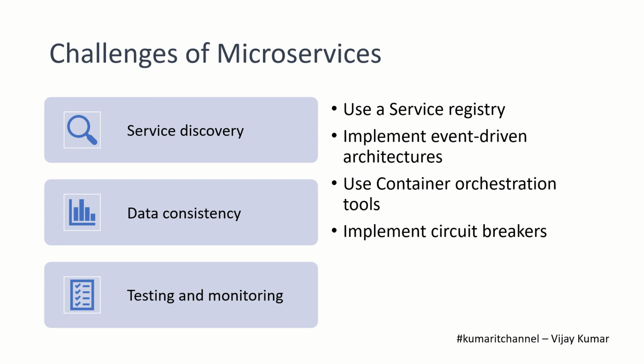For every problem there is a solution, right? Tools like Apache Kafka and Apache Flink can help to address this challenge by providing a way to stream data between microservices. So these tools play a very key role when the data consistency challenge comes up.